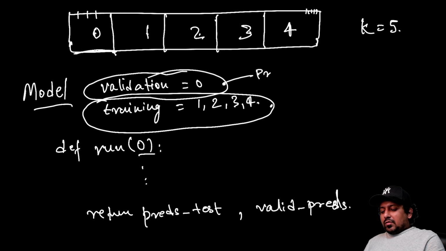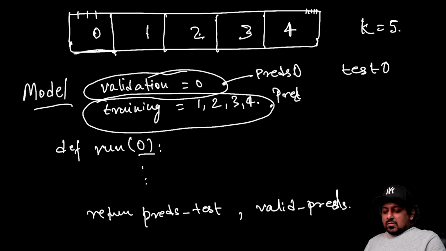So you make predictions 0, and you have the test predictions. Let's call it test 0. Similarly, you have preds 1, test 1, preds 2, test 2, and so on till 5.